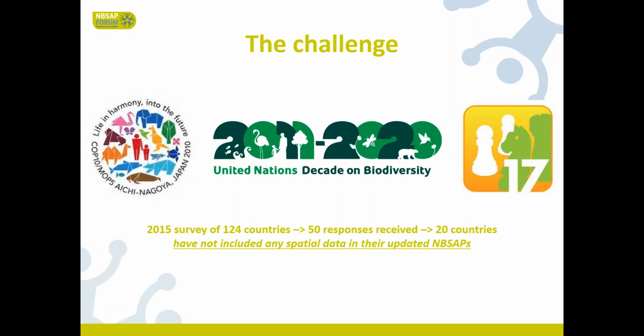So as part of the NBSAP forum activity, UNEP-WCMC conducted a survey of NBSAP teams in 124 countries to explore their use of spatial data, which revealed that 20 countries out of the 50 that responded didn't appear to include any spatial data. So there's a clear need to provide ongoing support and guidance to countries with regard to assessing and managing the state of their biodiversity through the use of spatial information.